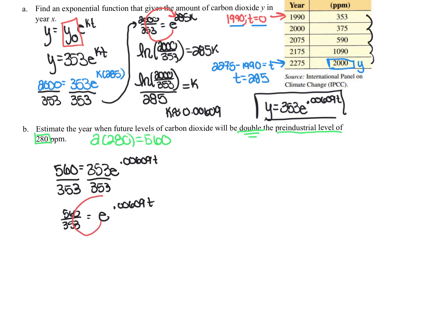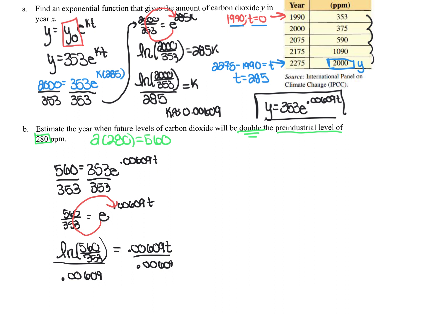I'm going to swoosh. I'm going to get log base e, which is ln of 560 over 353 equals 0.00609 t. And then you have to divide both sides by this decimal. So if you type this in your calculator, remember to close that parenthesis.